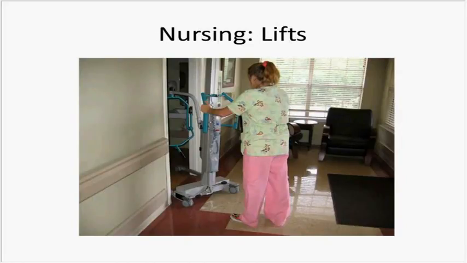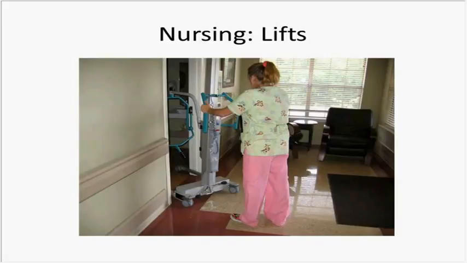Nursing equipment such as wheelchairs, lifts, and repositioning pads are tough and rugged equipment designed to withstand a lot of use. But they have to be used correctly and do occasionally require maintenance. So check your equipment before you use it. Make sure your lift has the proper capacity to accommodate the weight of that particular resident.